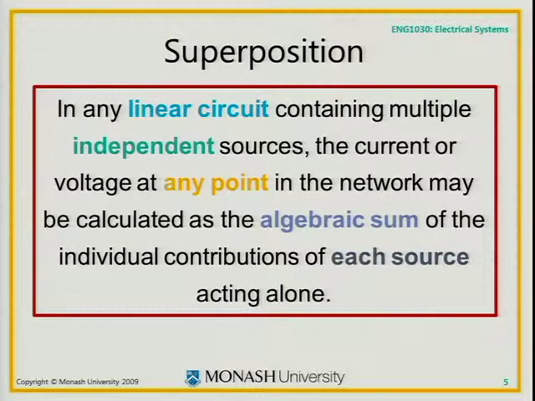In any linear circuit, and all the circuits we've looked at in lectures and tutorials are linear, containing multiple independent sources, so a voltage source and a current source, 2 voltage sources, 3 current sources, whatever it may be, the voltage or current at any point in the network may be calculated as the algebraic sum of the individual contributions of each source acting alone.